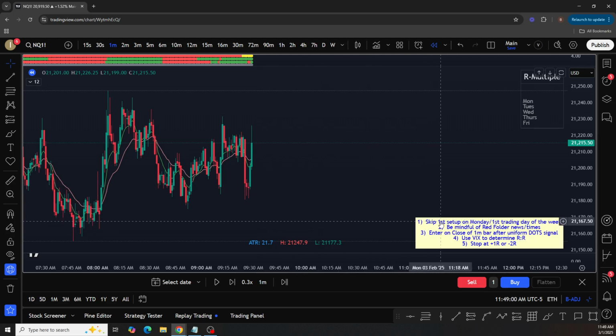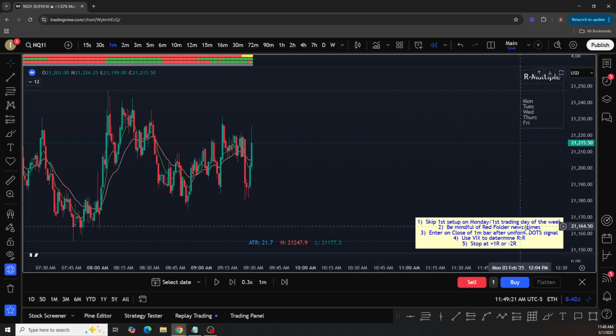I skip the first setup on Mondays, or if there's a holiday on a Monday like Martin Luther King or President's Day, the first setup on Tuesday I skip. I found that oftentimes the first setup would lose, so that's why I don't take the first setup of the week.